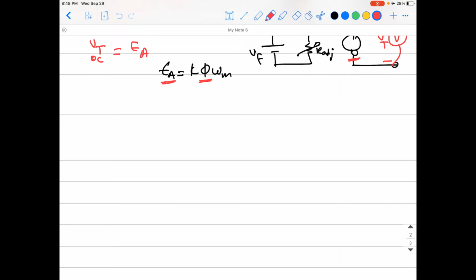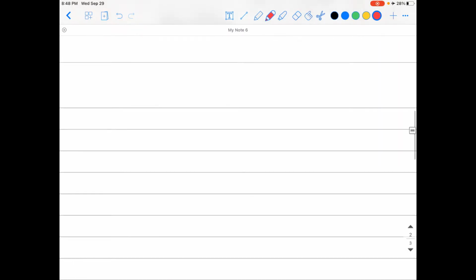So what he's trying to do is just like this. You have this table, which you can convert into a graph like that: IF versus the induced voltage, which equals the terminal voltage at open circuit. It's the same thing. Okay, if we try to plot it, it will look something like that, linear, and then go into saturation.